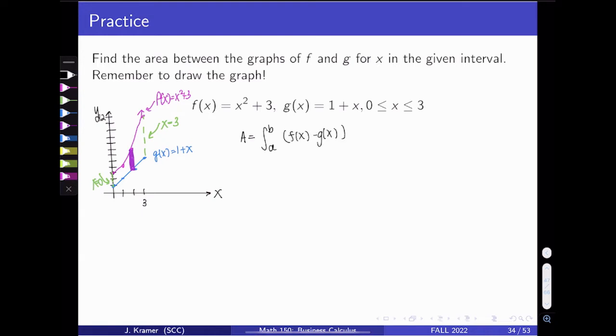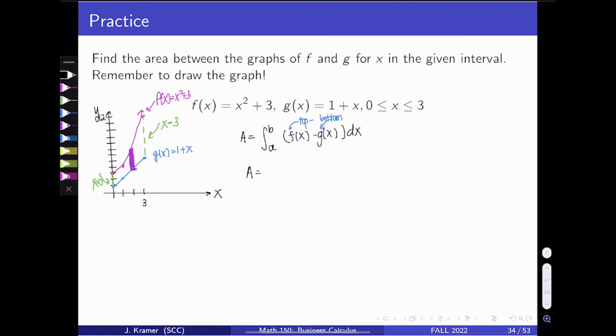In this case, f of x is our top function, not always the case. And then we're integrating with respect to x, and that's determined by how you're taking slices. Since we're making vertical rectangles, they're taking slices out of x. So we're integrating with respect to x. So just a reminder, this is top minus bottom.